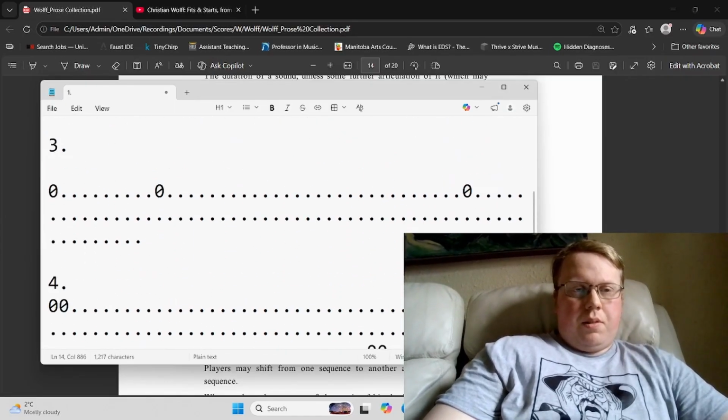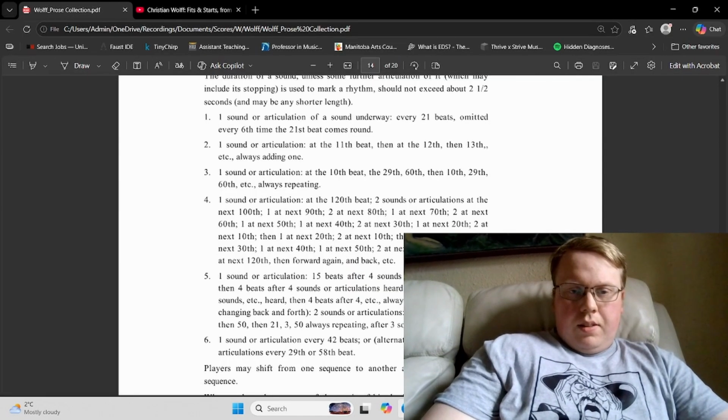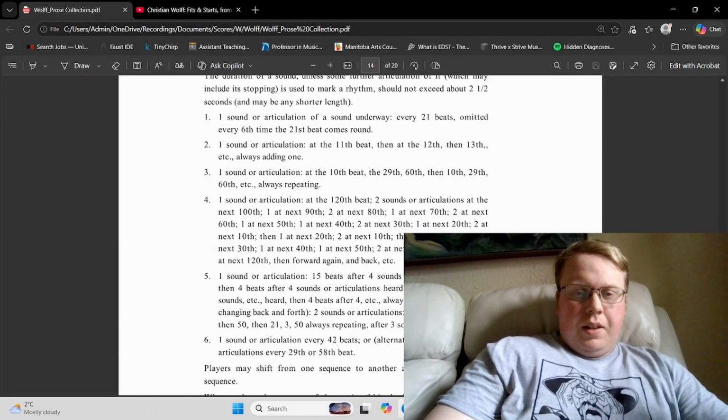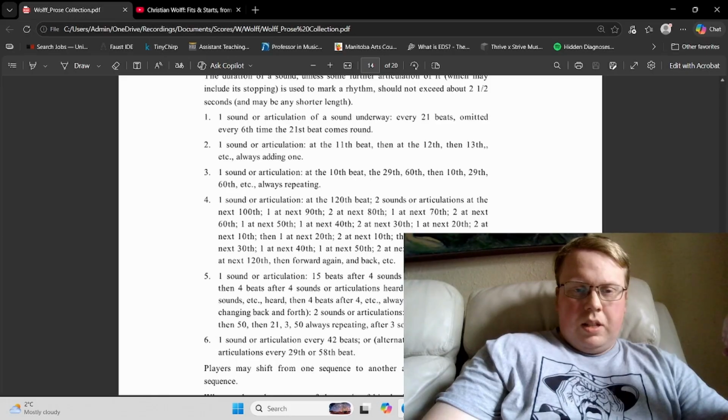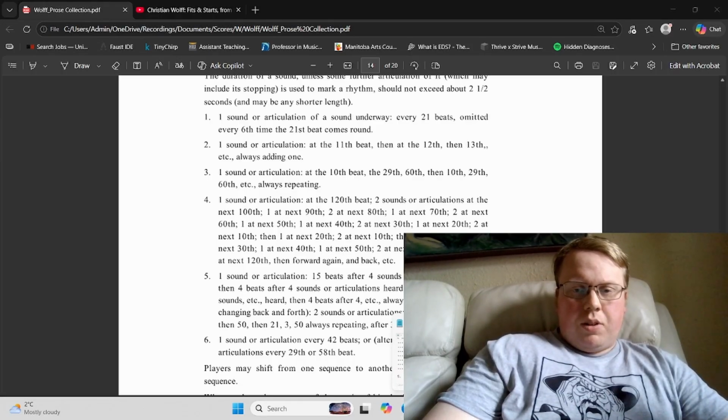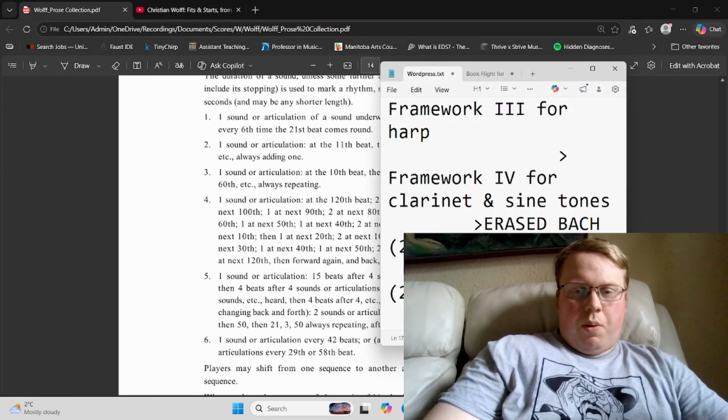That is sequence 4. Sequence 5 is you do one sound after 15 beats, or no, after you hear 4 articulations from the other people, then you count 15 beats, and then you play once, I guess. So we'll come up with a new symbol for this, 4x.